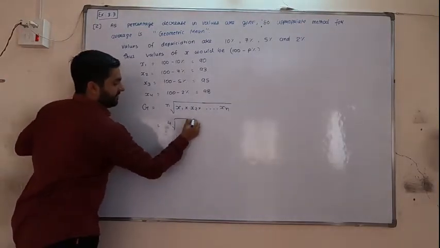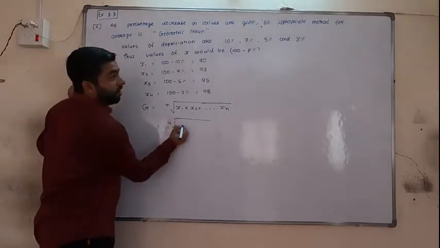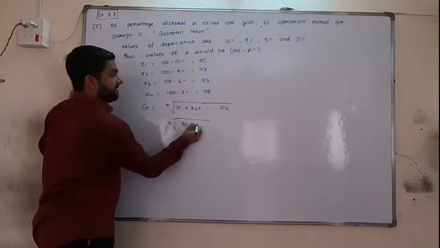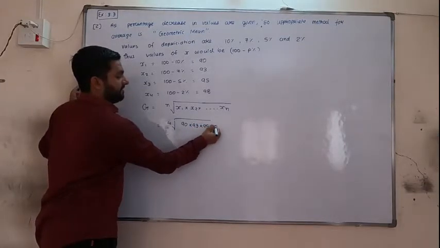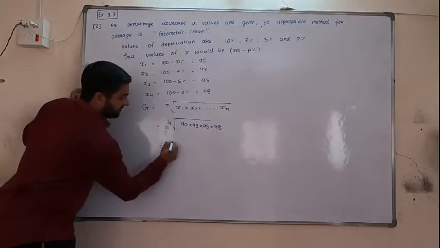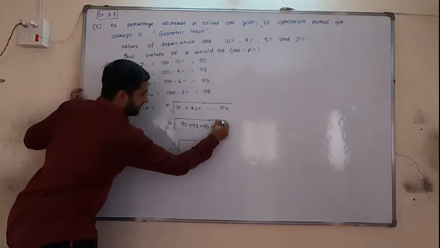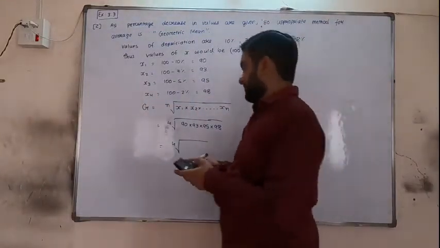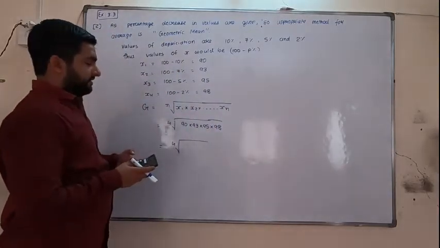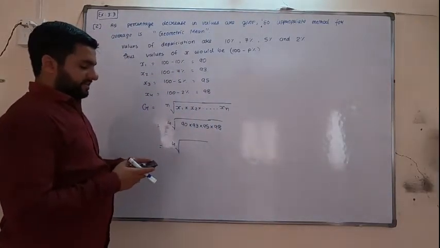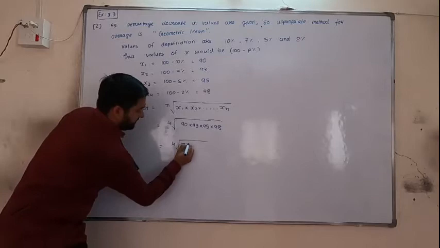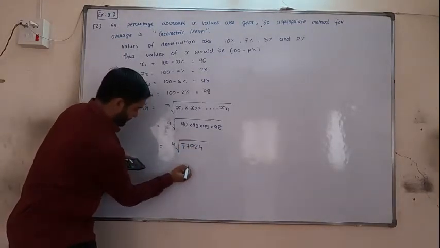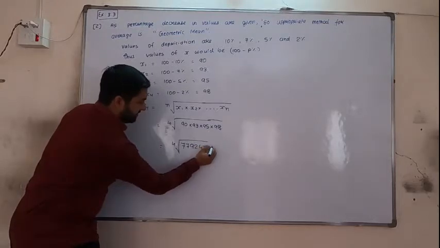As there are 4 values, so 4th root of, don't take 10, 7, 5, 2, instead take 90, 93, 95, 98. Now 4th root of 90 into 93 into 95 into 98, which is 7,992,700.